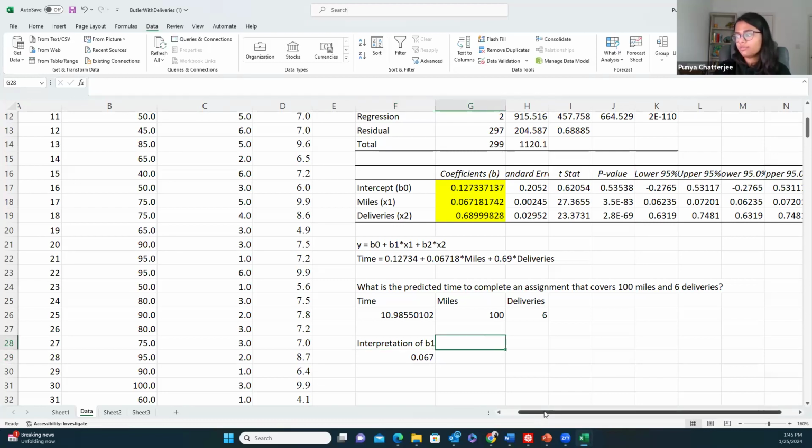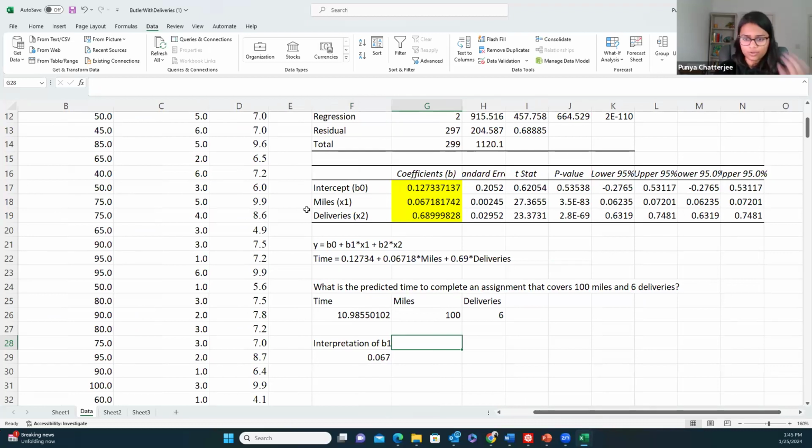So when we did only simple linear regression, with no deliveries, we said that this number basically means that if you include 1 more mile in your assignment, then on average, your travel time is going to increase by 0.06 hours.